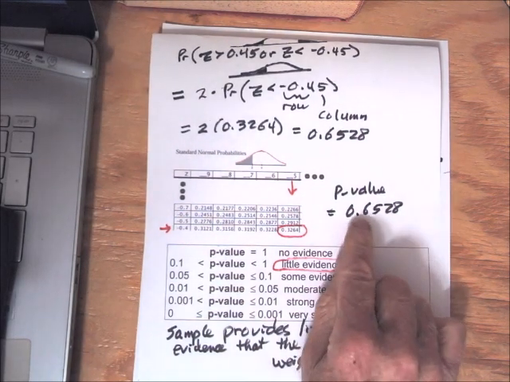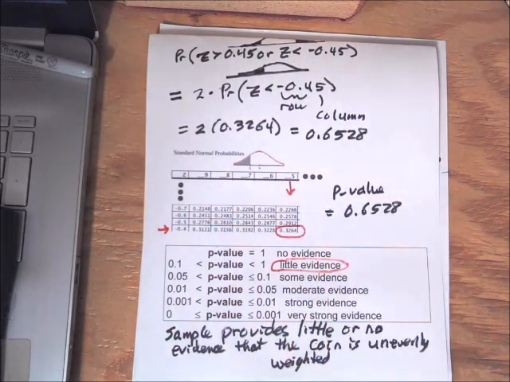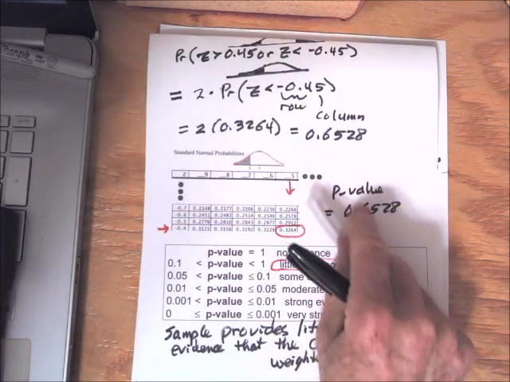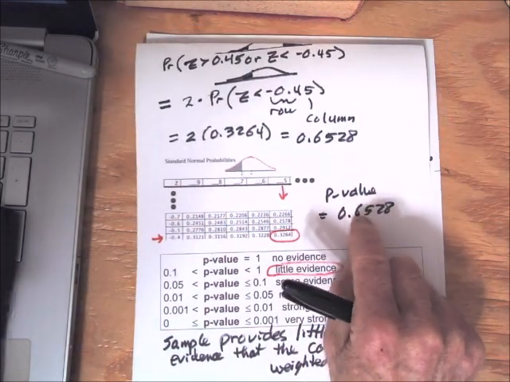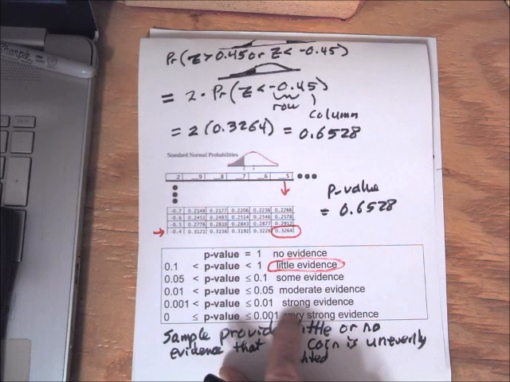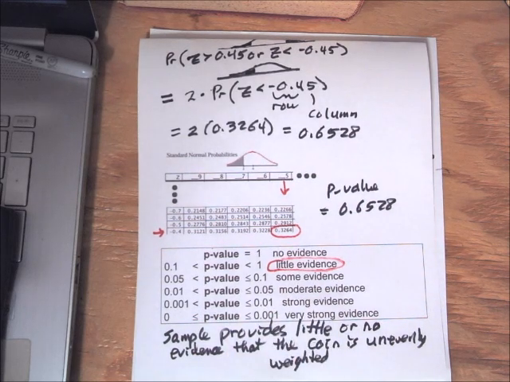If we had a smaller p-value, a bigger z-value, but a smaller p-value, we might reject H naught, but we're never going to accept H naught, or at least if you want to be careful about your language, you never accept H naught, because it might be that a bigger sample would provide stronger evidence that the coin was unevenly weighted.